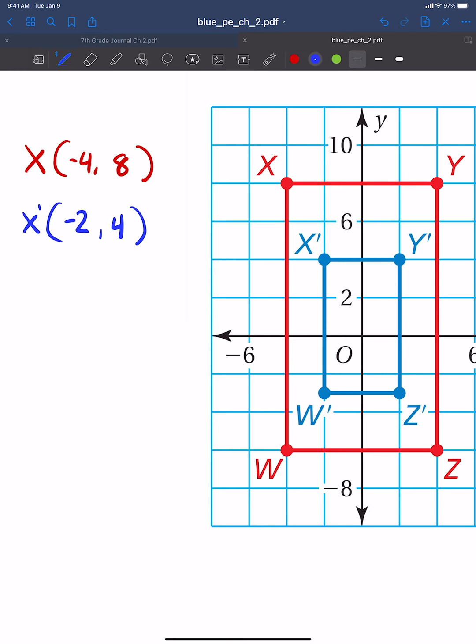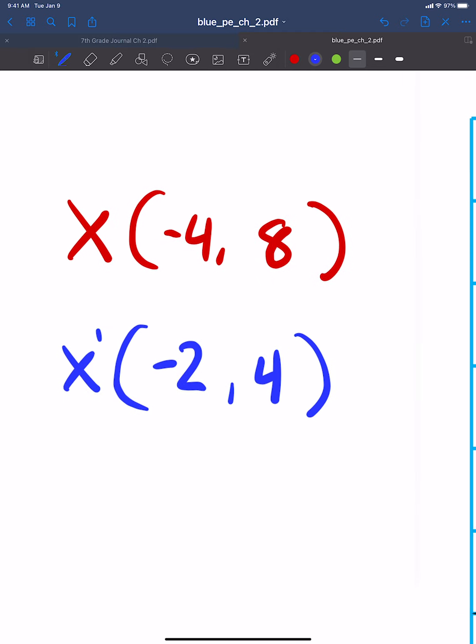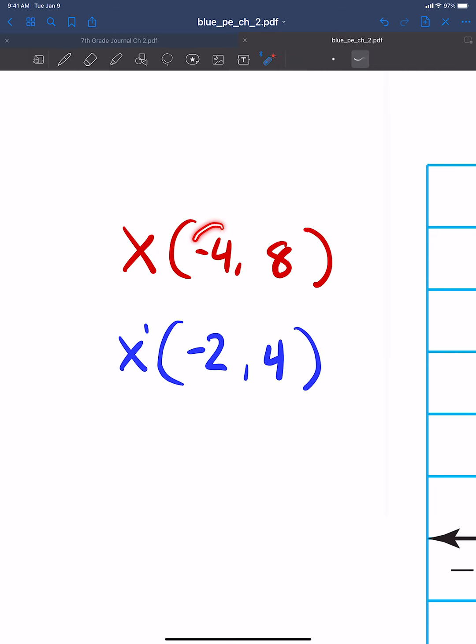I want to remind you that if a scale factor is being multiplied by a whole number, it grows. But did my shape grow? No, it shrunk. So if it's being multiplied by a fraction, then it will shrink. So what fraction could I multiply -4 by to get -2?